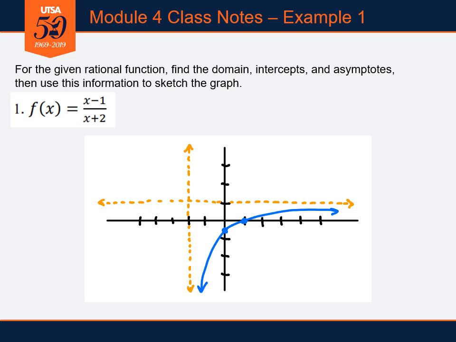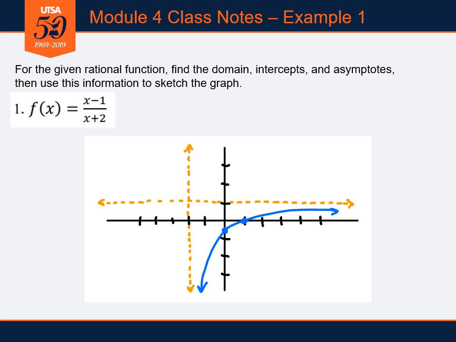We can start putting that information together here with a vertical asymptote at x equals negative 2, a horizontal asymptote at y equals 1, the point (1, 0) for my x-intercept, and (0, negative 1/2) for my y-intercept, and connect the dots and approach the asymptotes, and there's my curve, or at least one branch of my curve.